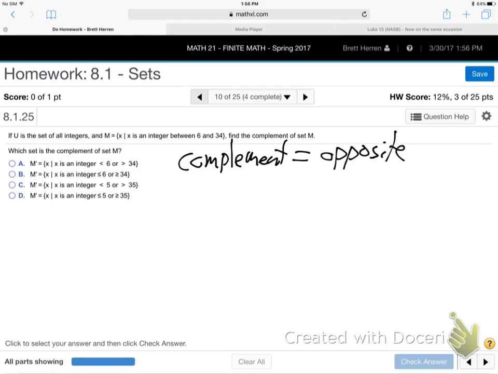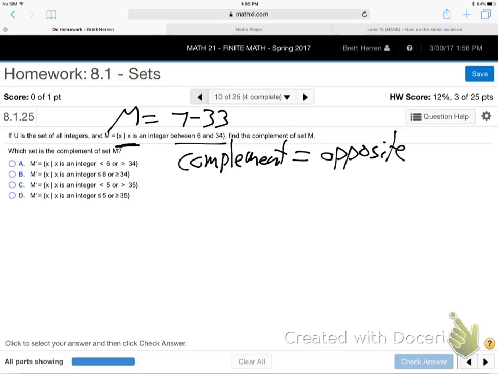So, all right. So if U is a set of all integers, and X is an integer between 6 and 34. Now we know they really mean 7 through 33, huh? The way they use the word between, they use it exclusively, excluding the endpoints. So they mean, okay, M is the numbers 7 through 33. Is that okay? That stuff in the beginning, don't worry too much about that.